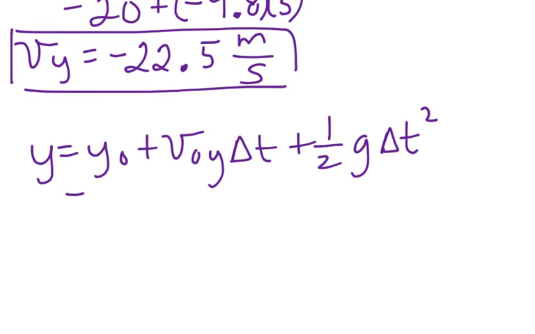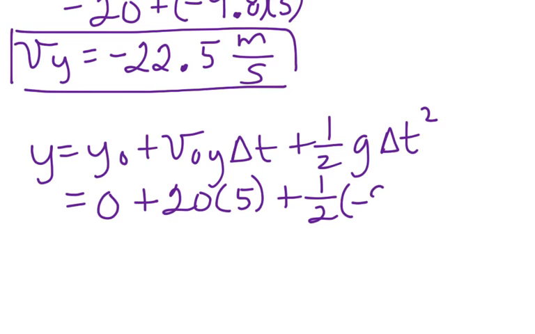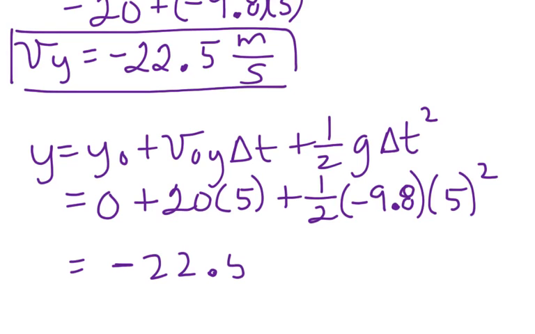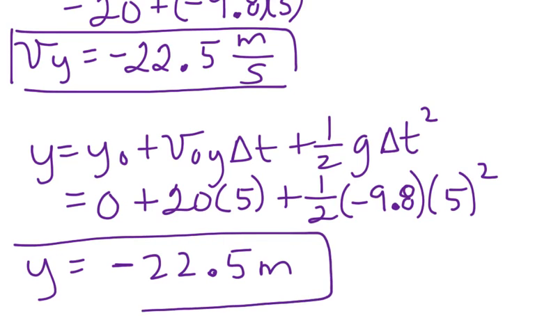Plugging in my numbers, I get an answer of negative 22.5 meters. That negative means that the object is 22.5 meters below the cliff.